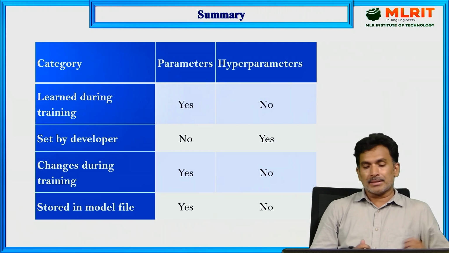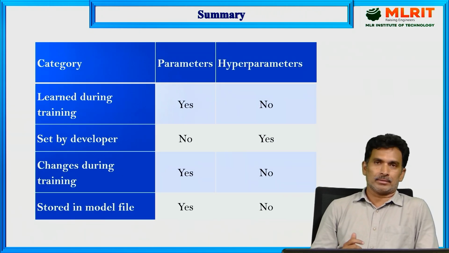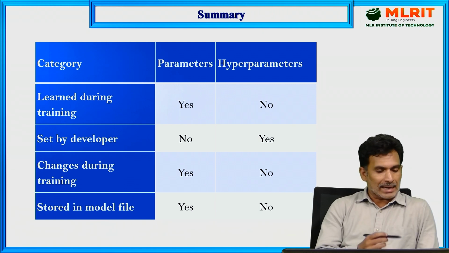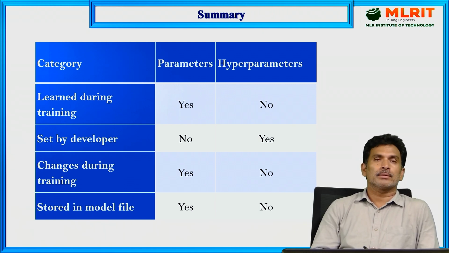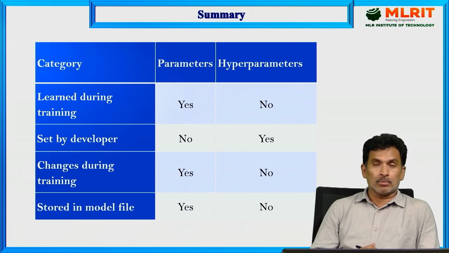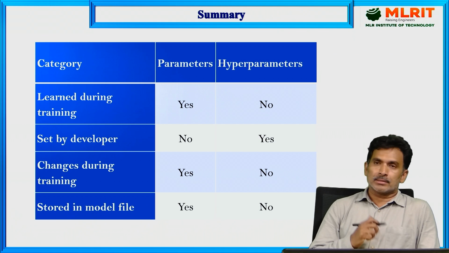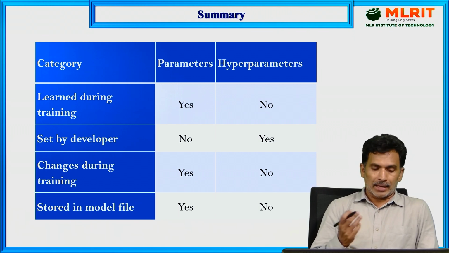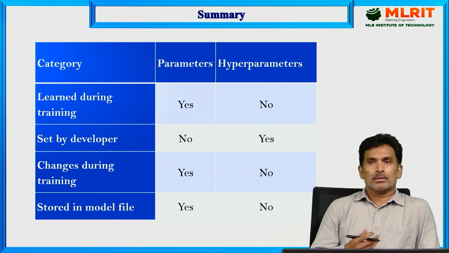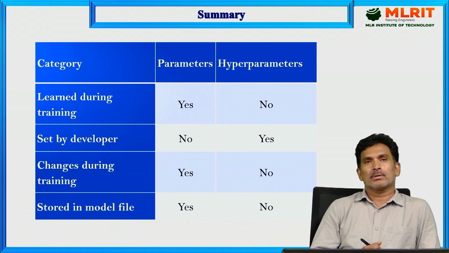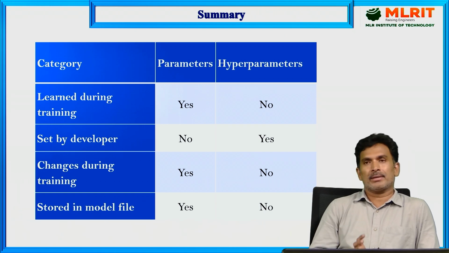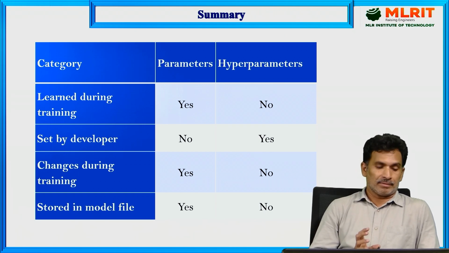If you summarize the differences between these two categories, it is based on whether they are learned during training, set by the developer, changed during training, and stored in the model file. For example, in AWS, SageMaker takes care of finding the best parameters, that is, hyperparameter tuning is done by the SageMaker framework.